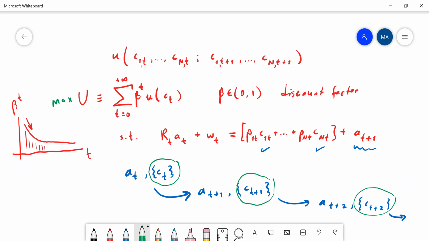Okay, under certain simplifying assumptions about utility functions, about the formation of these prices, you can actually characterize the solution. One thing that is important, of course, is that you take the prices as given, okay, and you take these as given for all t.